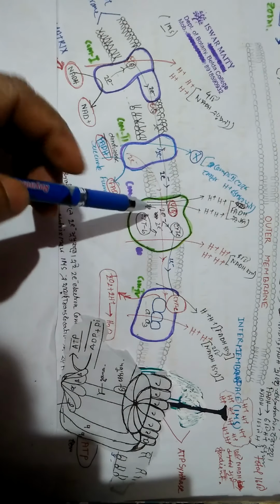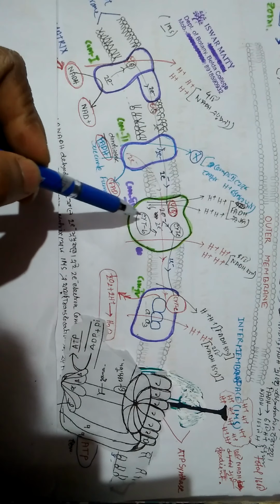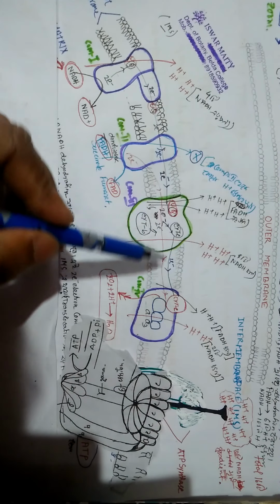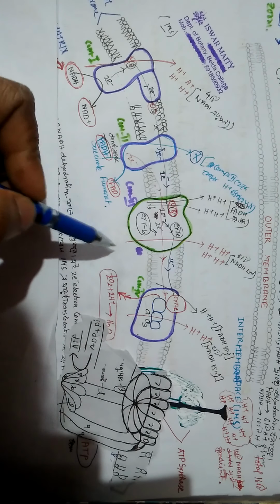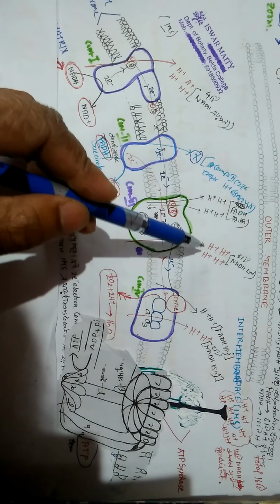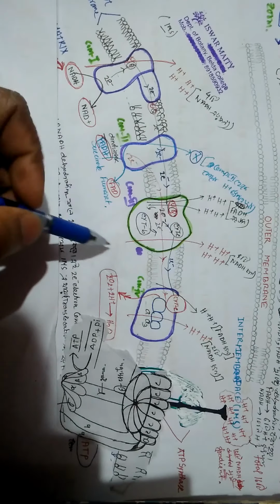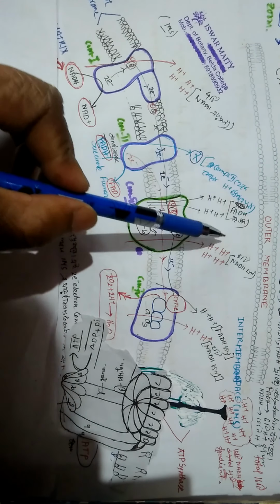Next, the 2 electrons are transferred from complex number 3 to complex number 4 by cytochrome c, and again 4 hydrogen ions are released from the matrix side to the IMS side.